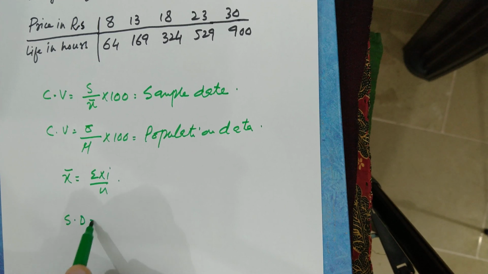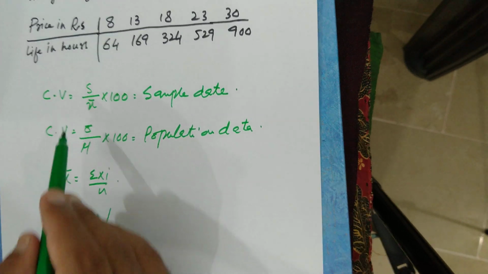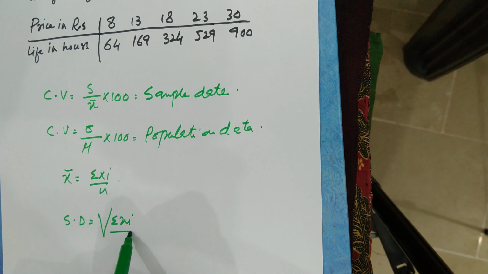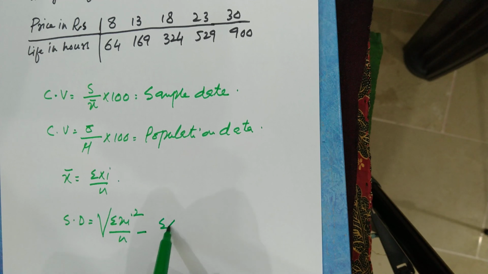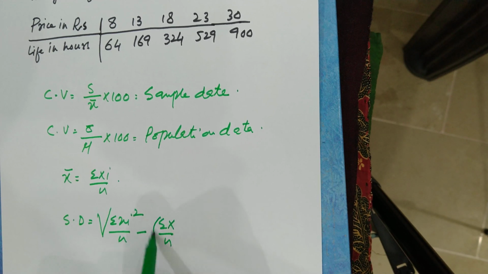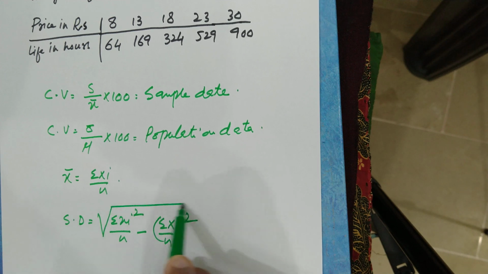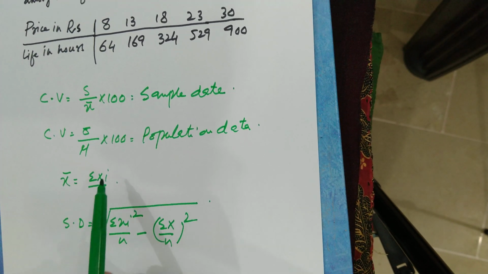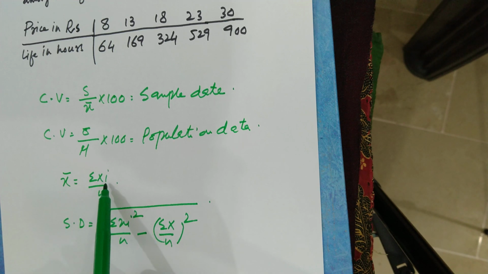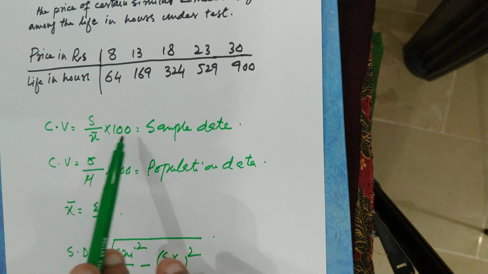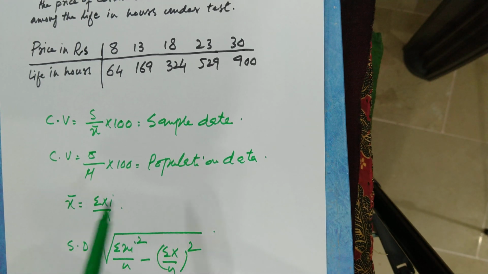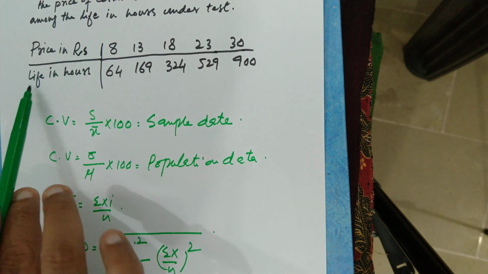For this series of data, it is the square root of sum of xi square divided by n minus sum of xi divided by n whole square. When we calculate the standard deviation and mean, we put these values in the formula and get the coefficient of variation for both price in rupees and life in hours.